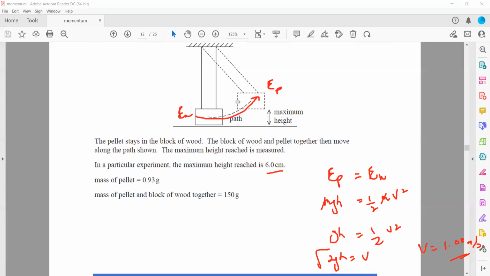This is the speed of the pellet and the speed of the wood, because they stick together and move together, so they have the same speed.